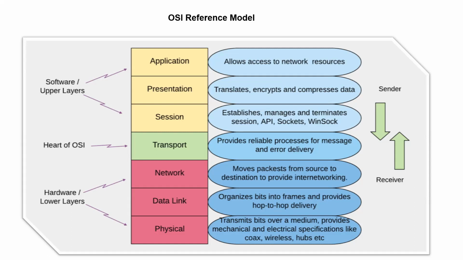This coaxial cable, wireless, hubs are actually the physical medium through which the bits are transferred. So this is about the OSI reference model.